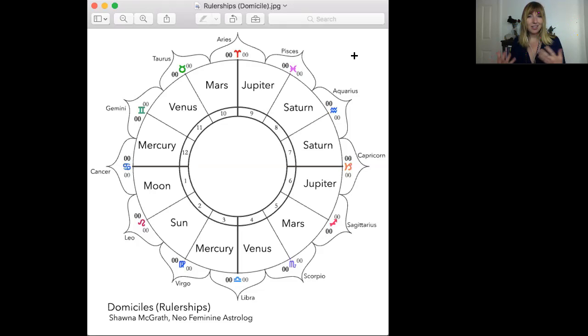And then of course, there is also the nature of free will and how we decide to work with this energy, how we decide to embody it.